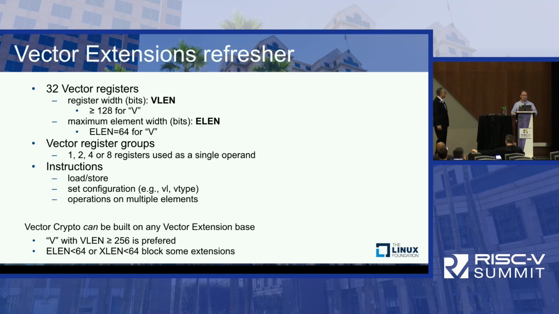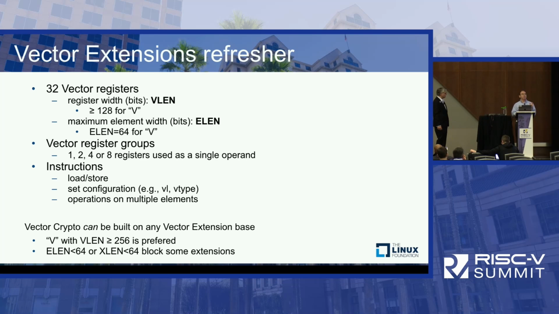Implementing vector crypto on top of V with a vector length of 256 bits or more is ideal, because some of our instructions operate on data that's 256 bits wide. A VLEN of 128 bits is fine as well. But when you start using a vector implementation that's narrower than that, there are some instructions that just won't work. So here I say an ELEN of 64.